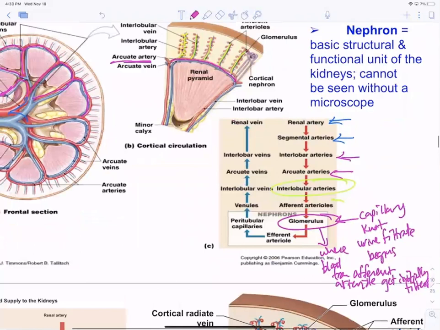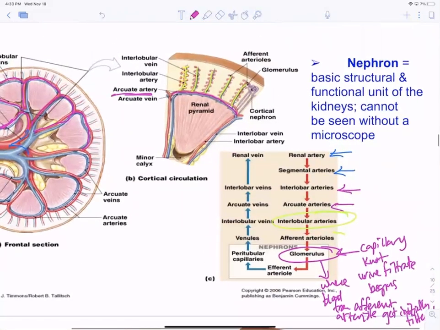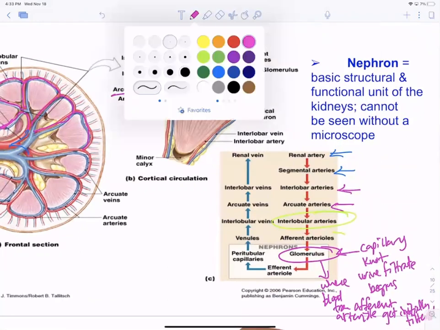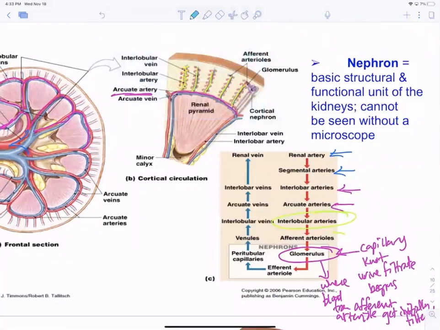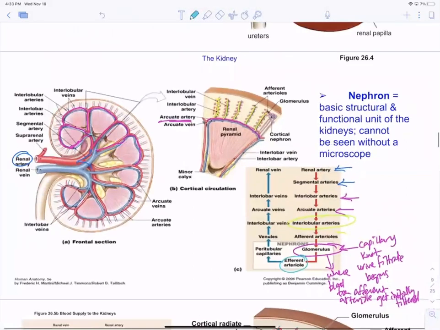And so the glomerulus is where filtration begins. And then that capillary knot, the glomerulus, turns into the efferent arteriole. So it's coming out of the nephron. This capillary is coming out of the nephron, and it forms another capillary knot. So a second capillary knot called the paratubular capillaries.